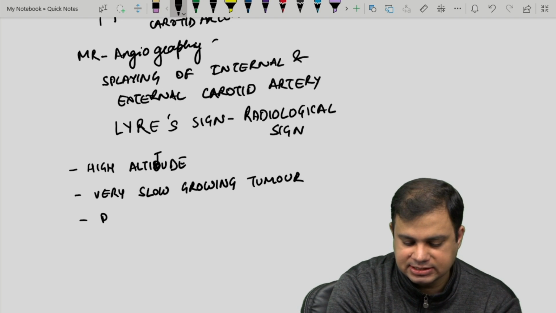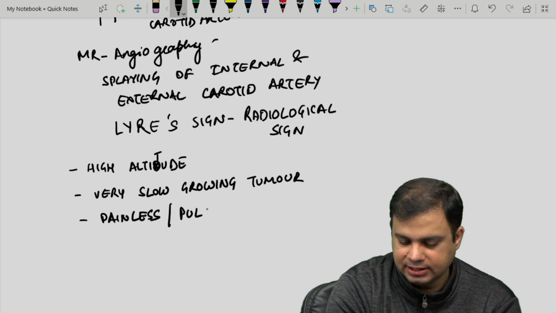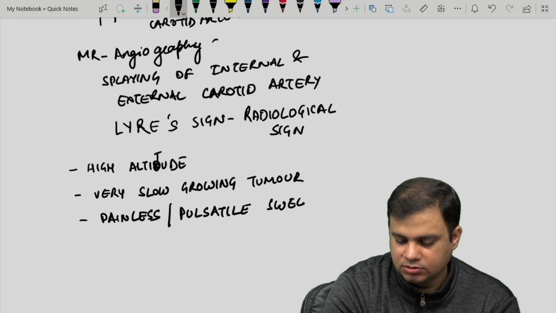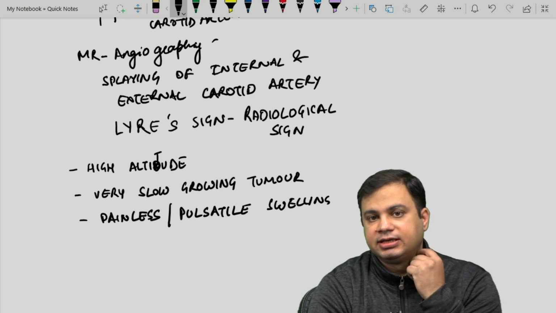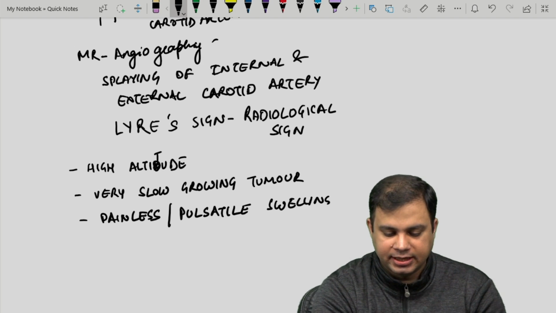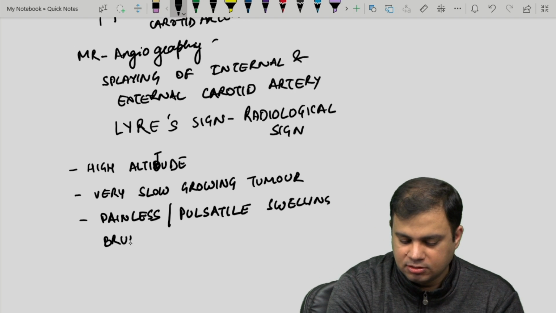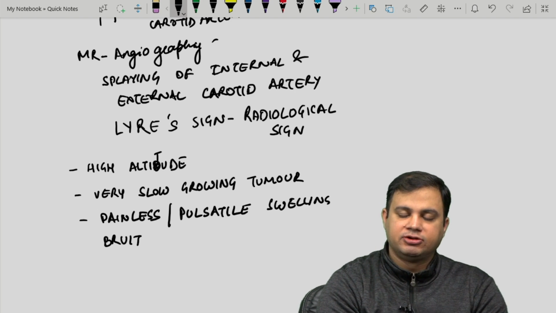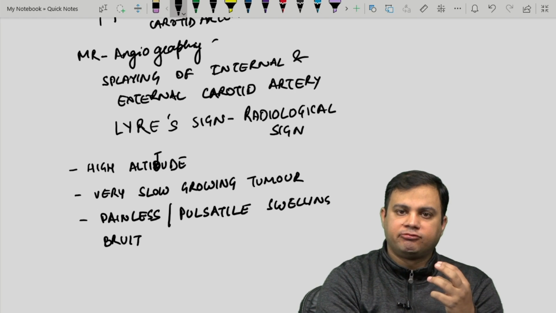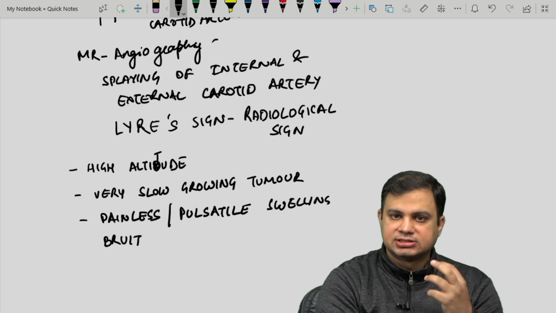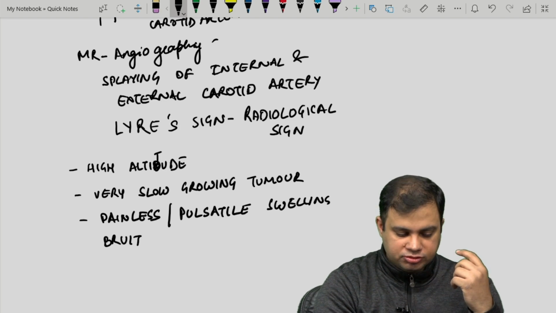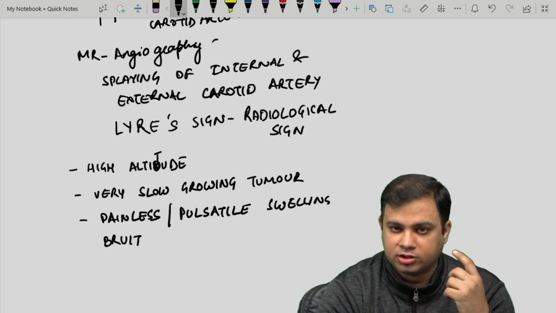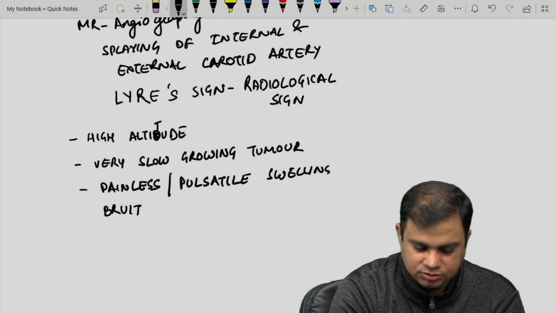It presents as a painless and pulsatile swelling in the neck, and it always has a bruit. If we use a stethoscope with the bell, there will be a bruit in such lesions. The main peculiarity of this lesion, apart from being pulsatile, is that it cannot be moved vertically, it moves only side to side.